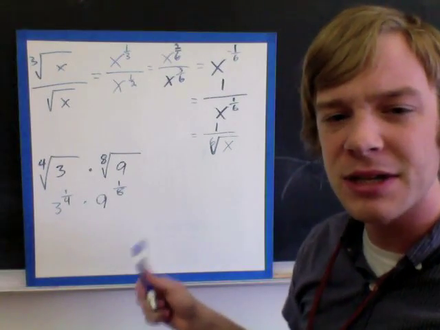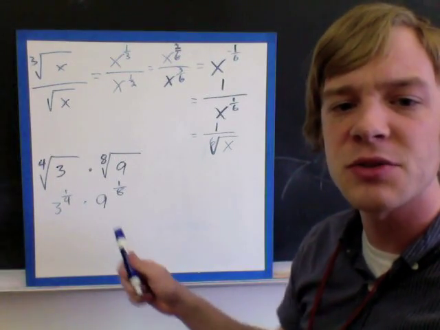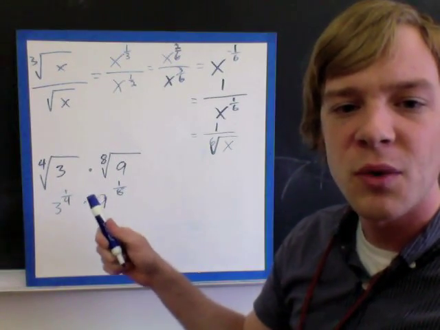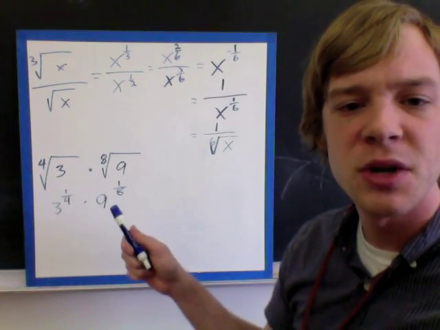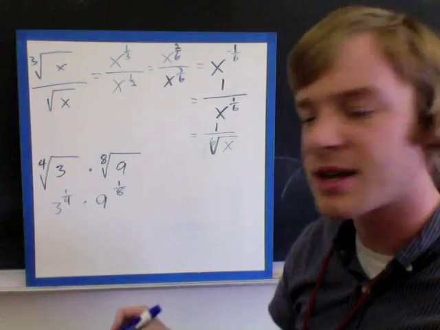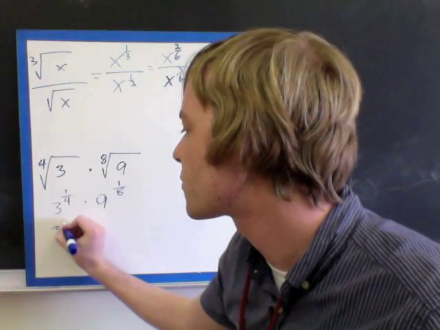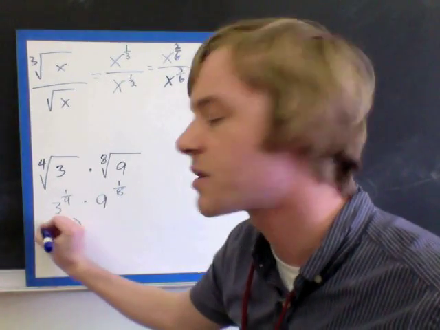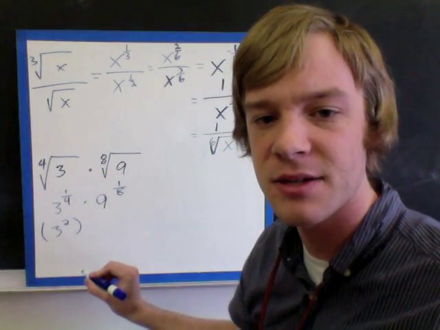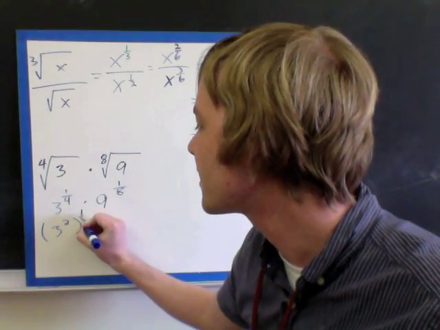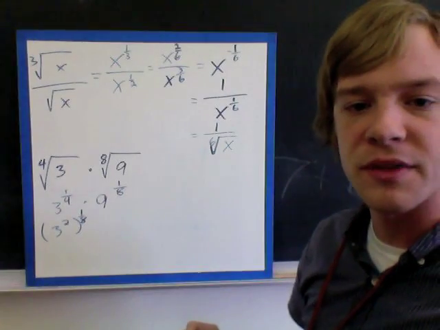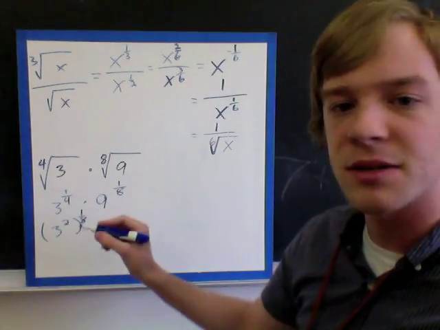And I think it's going to be easier to try and get the same fraction because you should notice that 1/4 is the same thing as 1/8 times 2. So I can actually write this as 3 to the power of 2, like that, and then 1/8 on the outside.